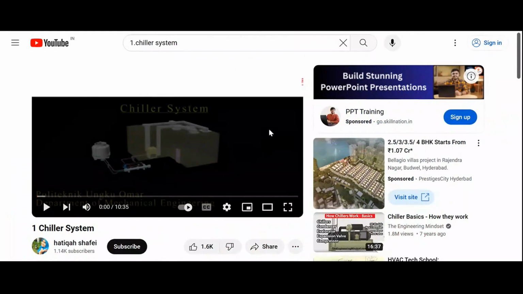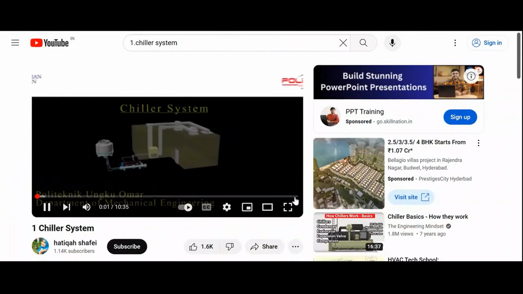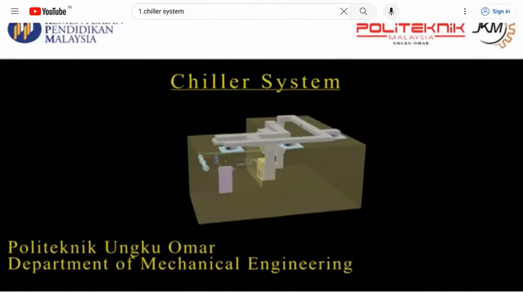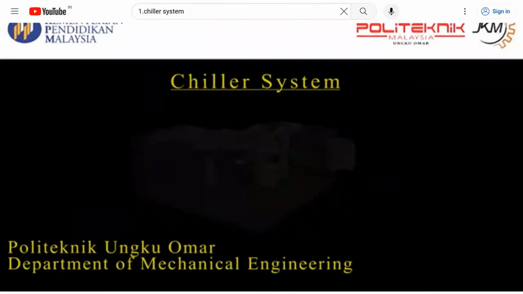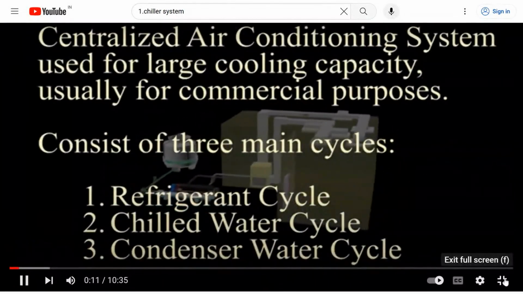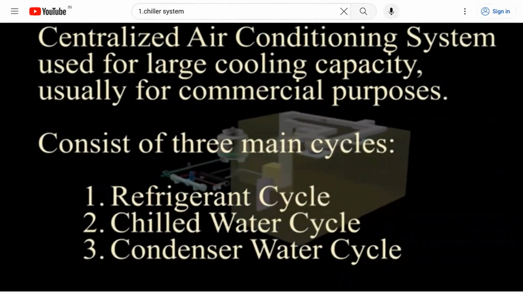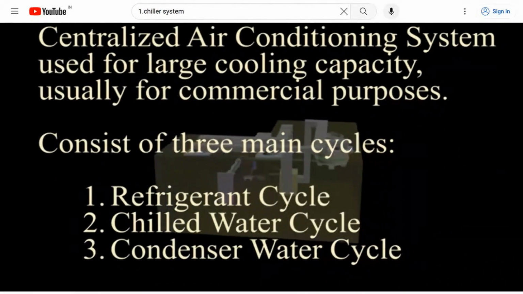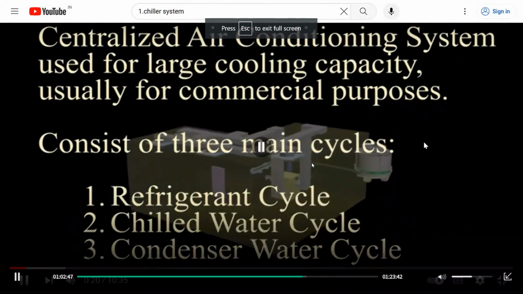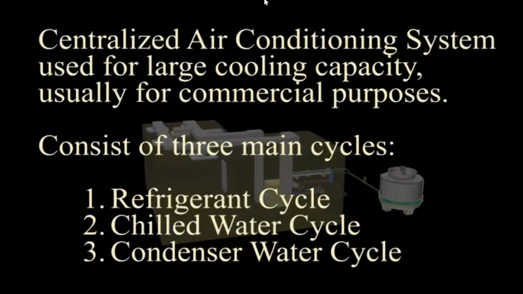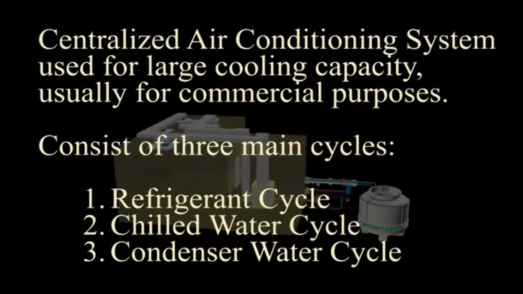Just watch this video so that you can understand very clearly. Chiller system. Centralized air conditioning system used for large cooling capacity, usually for commercial purposes. Chiller system consists of three main cycles, which are refrigerant cycle, chilled water cycle, and condenser water cycle.